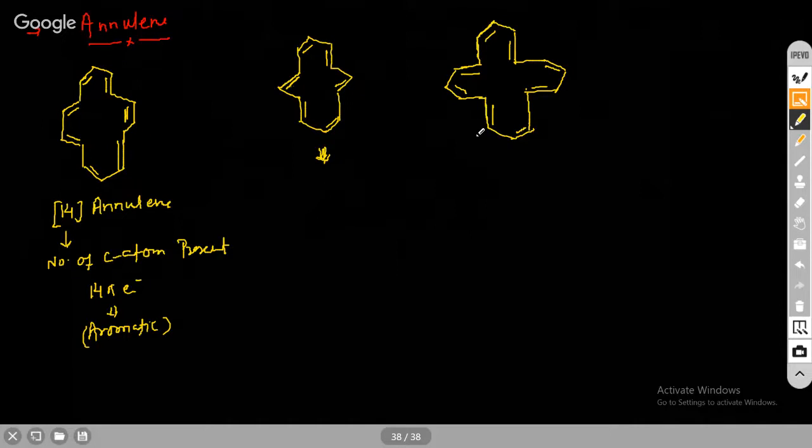What is the name of these two compounds? Number of carbon atoms is 3, 3, 6, 8, 10, 12. So it is 12 annulene. Similarly, this one is 3, 3, 6, 8, 10, 13, 16. This is 16 annulene, general name.